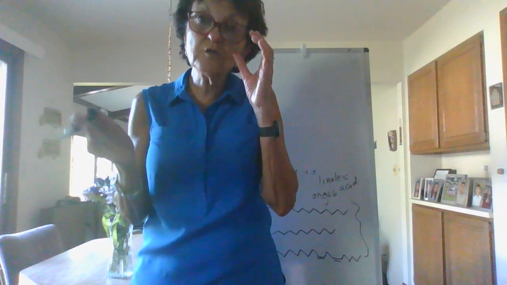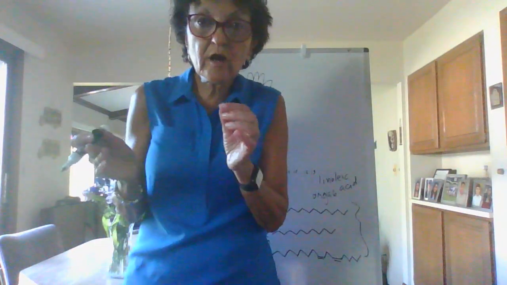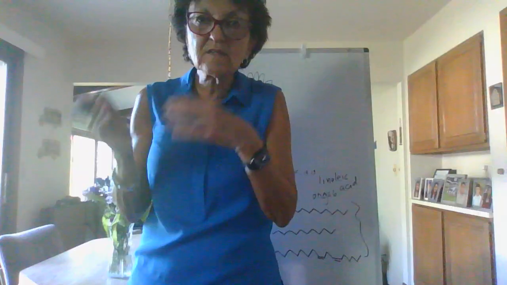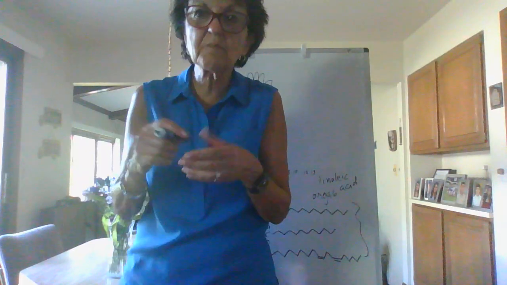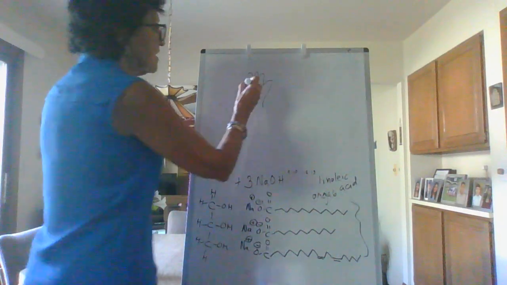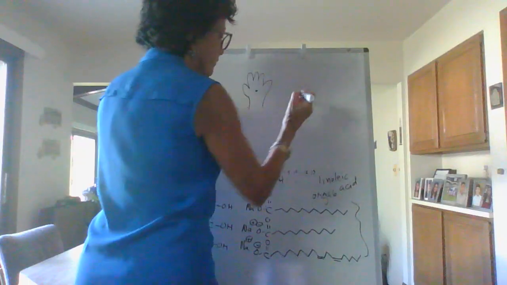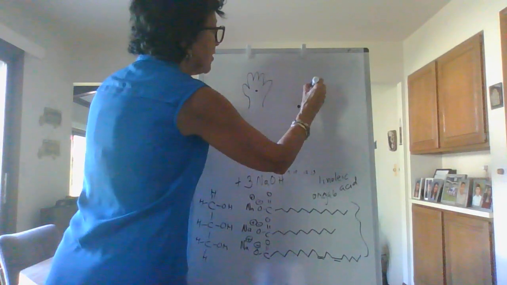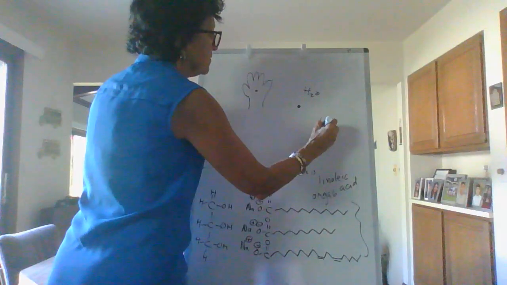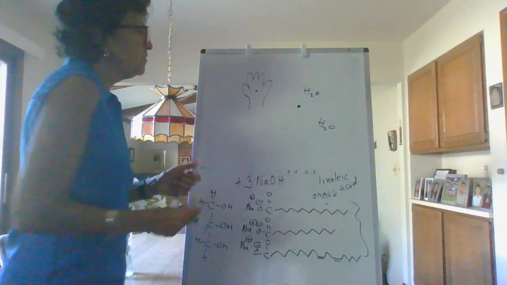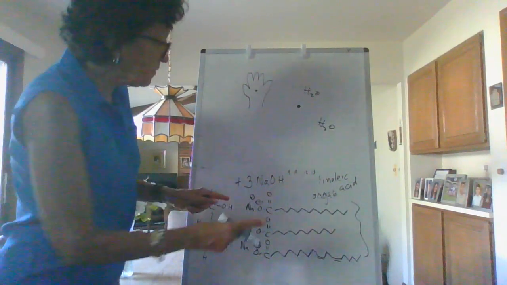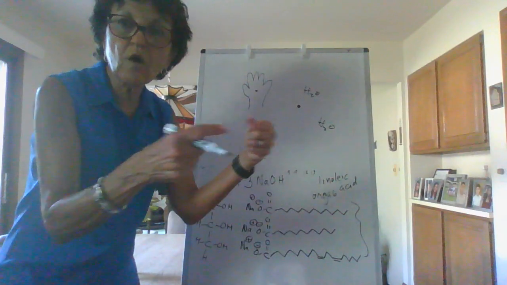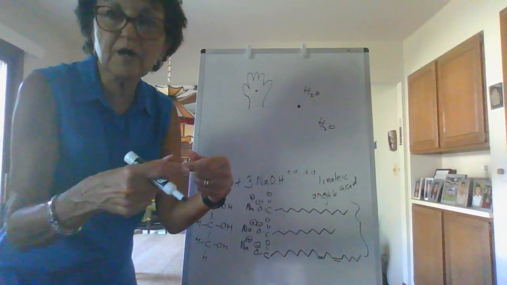What does the soap do? Remember when we were talking about the emulsion and the eggs and baking the cake? It's the same type of concept. Let's take this little oil droplet, put it over here. So what's going to happen? Remember, this is all water out here. This is all water, all right? And this is your oil droplet. Your soap is going to come in and get the water and the oil droplet or the butter together.